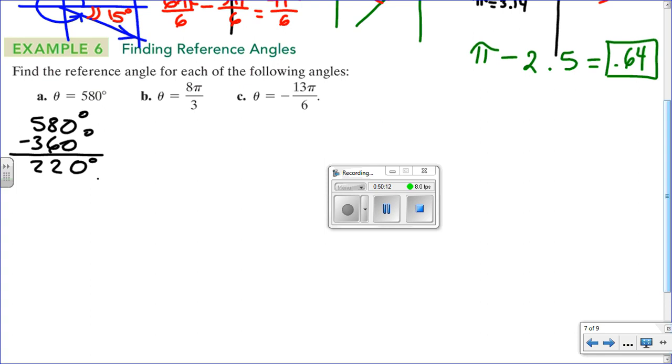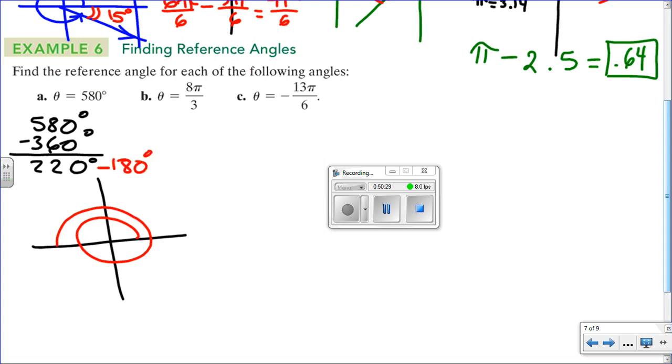Okay, so I'm going to draw that angle 580. So we already know we have to go a complete turn, that's 360. And then what else do I need? 220. So right here I have 180. And then what else do I need? 220 minus 180. What is it? Another 40.